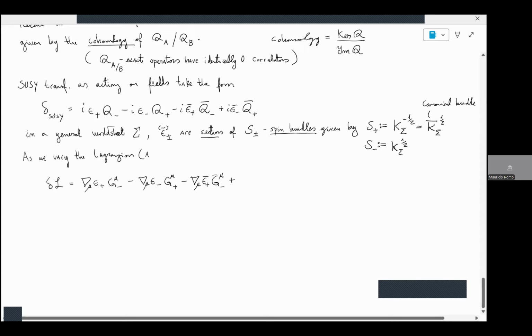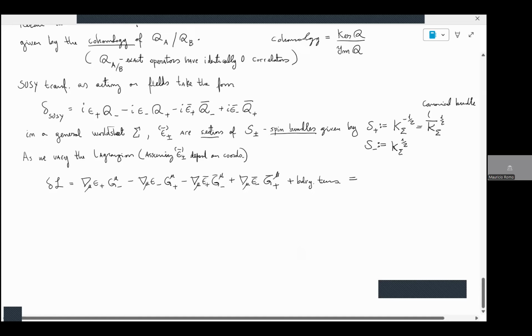So assuming epsilon plus and minus and the bar depend on coordinates, you are going to get something of this form, epsilon bar minus G, plus maybe boundary terms.